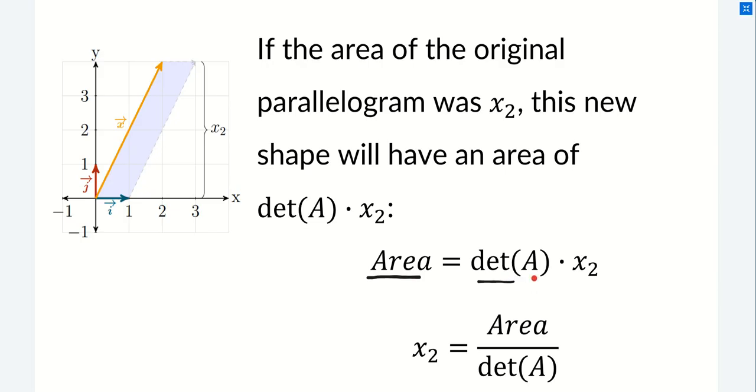Now this is our original area, which we can find, that is the determinant. So if you want to find any of the x values, it is our new area divided by the original area. This tells you how many columns we should move so that we can be in that direction.